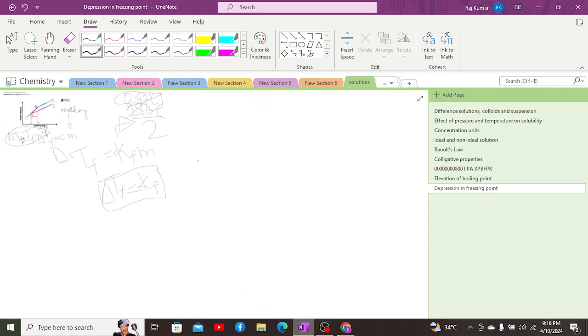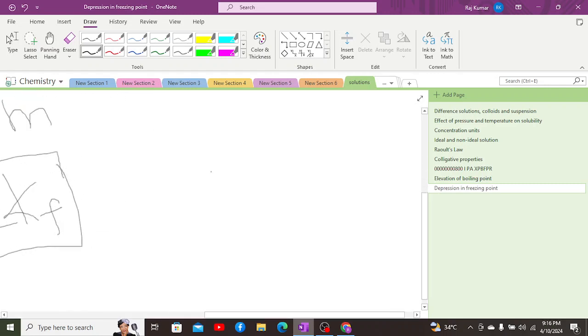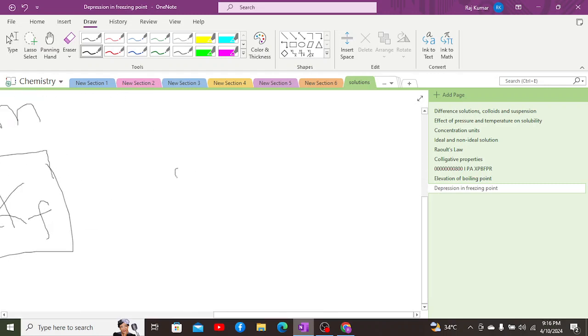Depression in freezing point is quite useful because there are certain applications in daily life, such as in car radiators, where we utilize antifreeze, which is ethylene glycol. Ethylene glycol is responsible for both depression of the freezing point as well as increasing the boiling point of the water present in the car radiator.